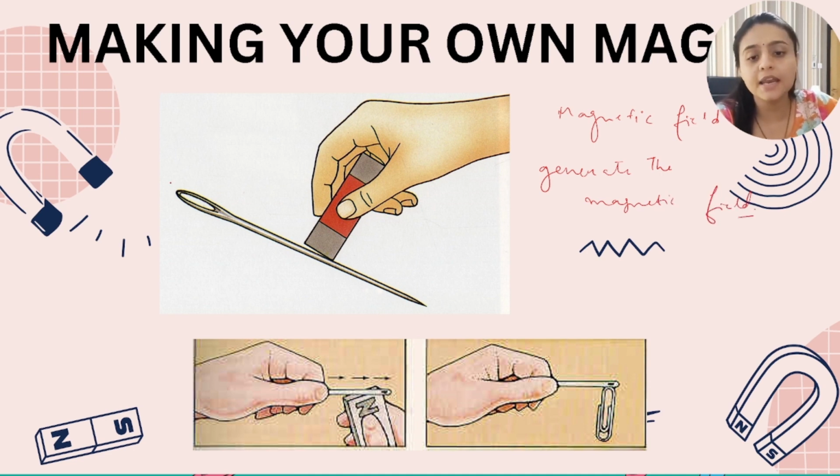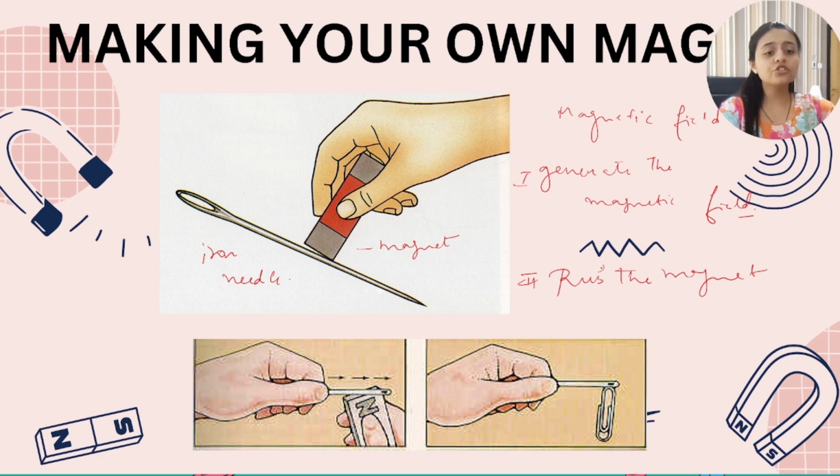Suppose you have this iron piece, an iron needle, and this is a magnet. Rub the magnet on this iron piece. You just have to rub this magnet on this iron needle, and after that the magnetic field is generated.